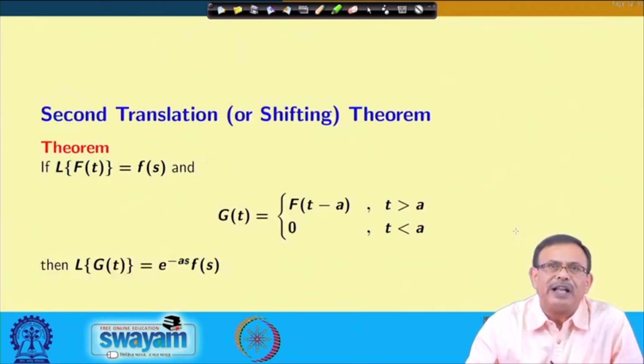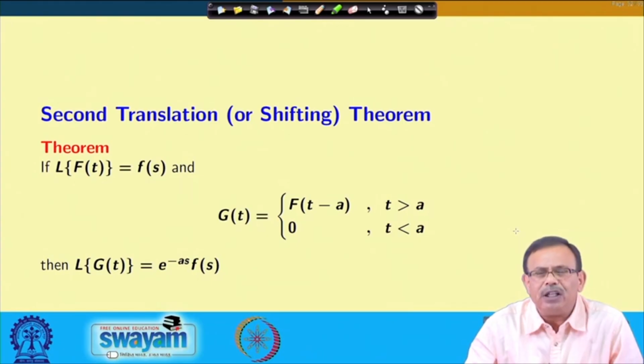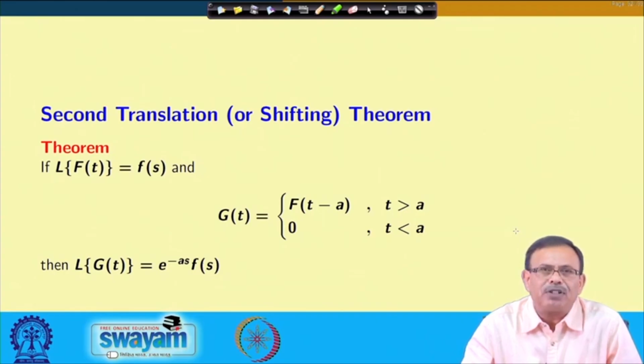The second translation or shifting theorem is: if the Laplace transform of f(t) equals F(s), and I consider a new function g(t) such that g(t) equals f(t - a) when t is greater than a, and is 0 for t less than a, then the Laplace transform of g(t) is e^(-as) F(s).